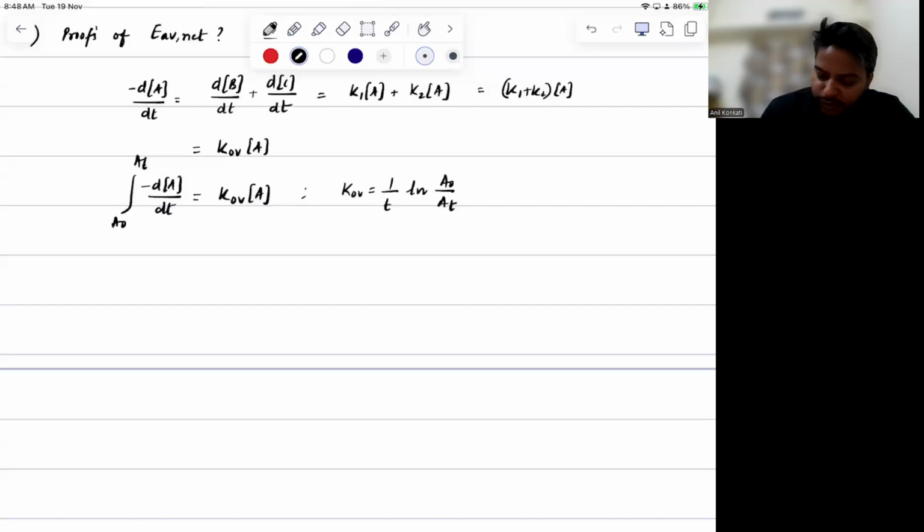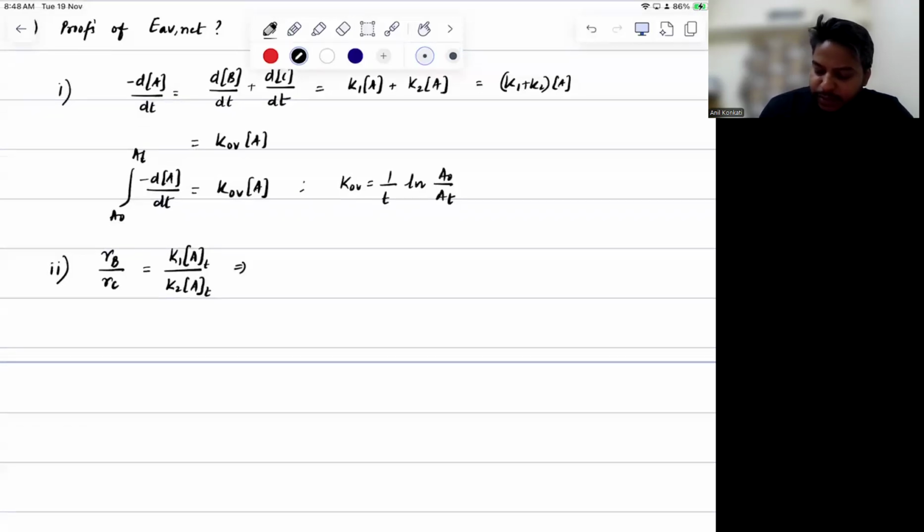Now notice what is the rate of B by rate of C. This is our second part. First part is this, second part is this. The rate of B will be equal to K1 into concentration of A by K2 into concentration of A, because at any point of time this will be the concentration. So these terms will get cancelled, which means dB by dt divided by dC by dt. Now the dt will get cancelled, and that will be equal to simply the ratio K1 by K2.